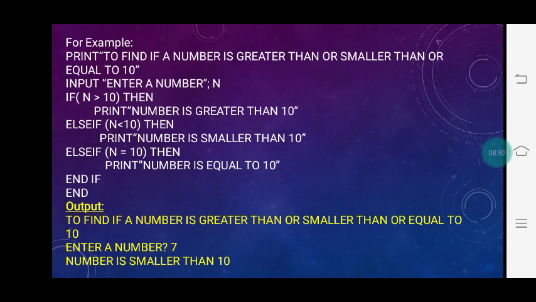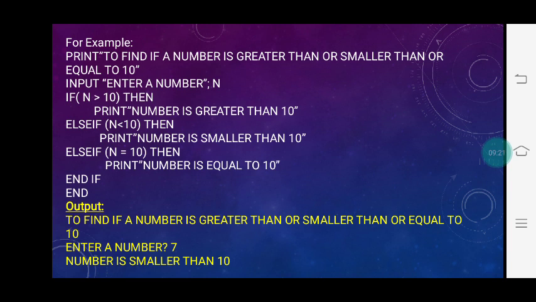In the if then statement, if the condition is true, then and only then that expression gets executed. In the if then else statement, whether your expression is true or false, you get the result. And here you are going to give multiple conditions. So let us see the example. Print to find if a number is greater than, smaller than, or equal to 10.